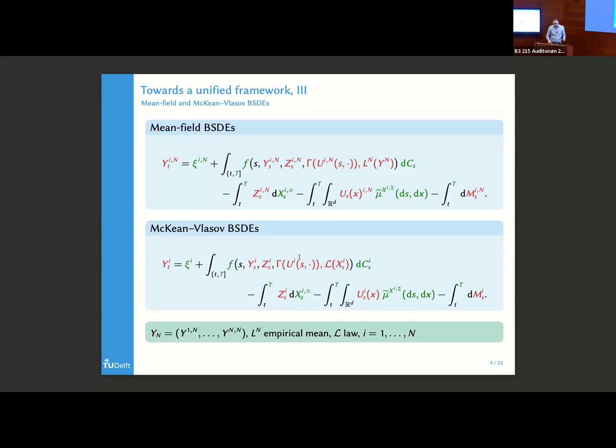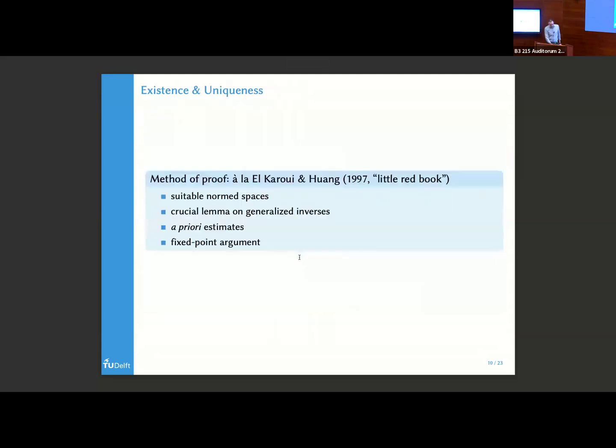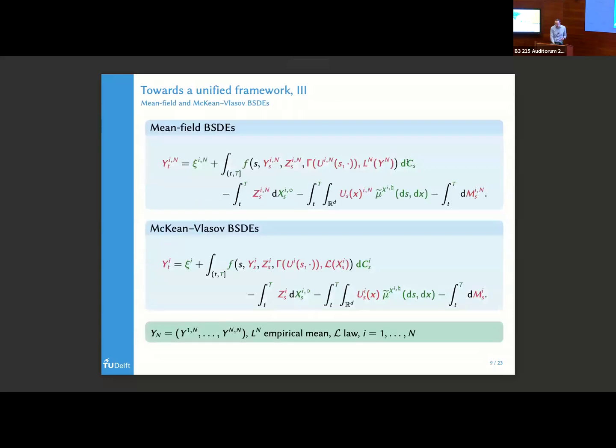Okay, so these are the type of BSDEs that we want to consider. The method of proof for existence and uniqueness basically follows this very nice paper of Cvitanić, Carmona and Wang, in what our French friends call this little red book. The main ingredients are suitable null spaces, and a lemma on generalized inverses, which is important for us since this process is not continuous.